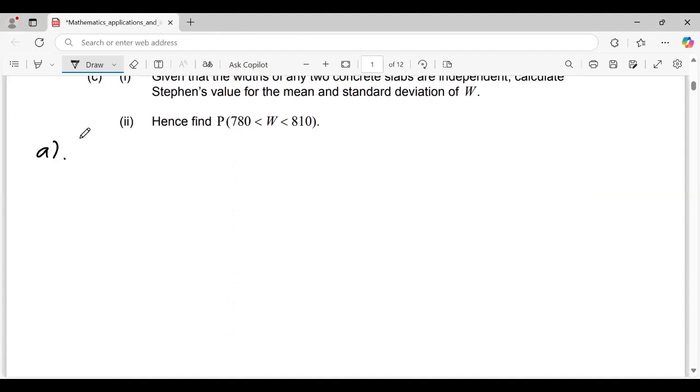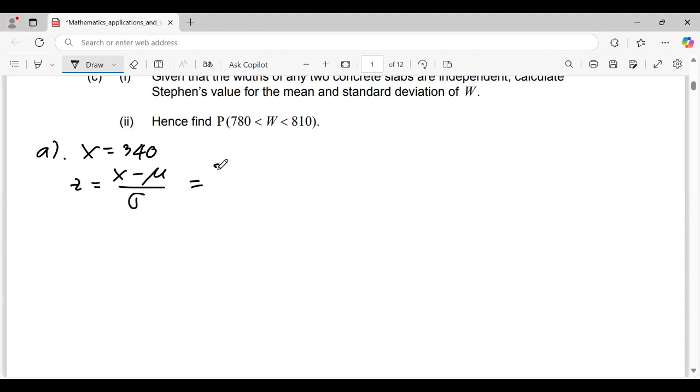A. We need to convert x equal 340 to a standard normal variable z. The formula is z equals x minus mu over sigma. X is 340, mu is 350, and sigma is 10.